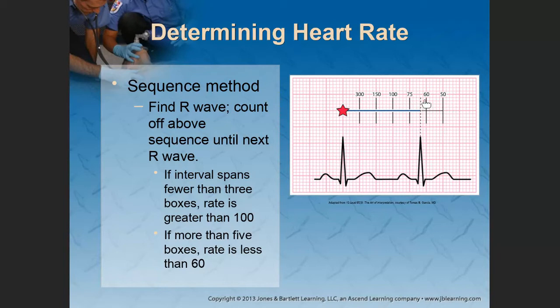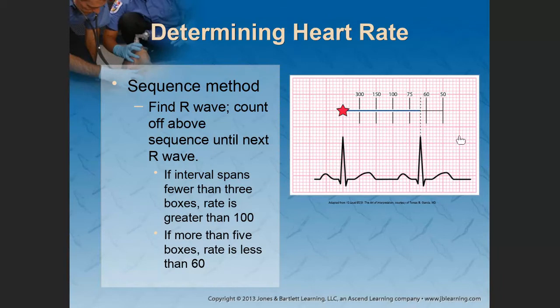And this rhythm falls between 60 to 75 beats per minute. So it might be 64, less than 65 beats per minute, but it's definitely over 60, so it's within the normal range.